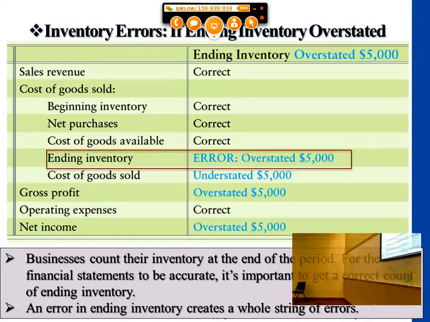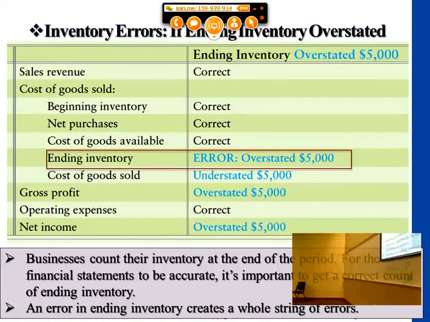So in the case that you overstated the ending inventory value, remember that the inventory value is either in the warehouse or you recognize it as cost of goods sold. So if you overstated one, then at the same time, when you journalize the entry, you also understated cost of goods sold expense.